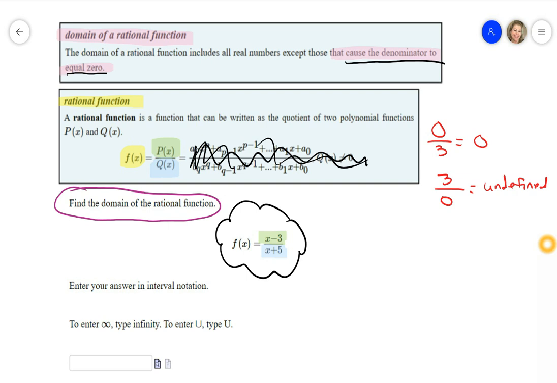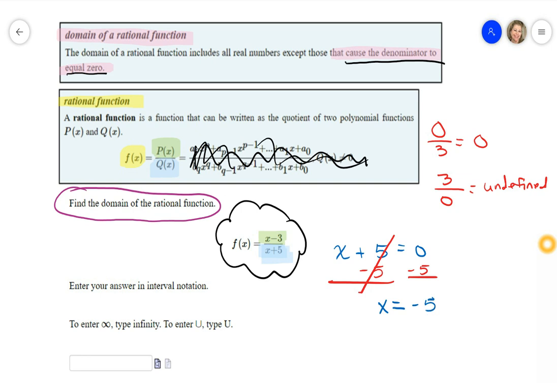It's undefined. So, since our denominator here is x plus 5, we want to know, when does x plus 5 equal 0? To solve that, I would just subtract 5 from both sides. That cancels out. So x would equal 0 minus 5, a negative 5.